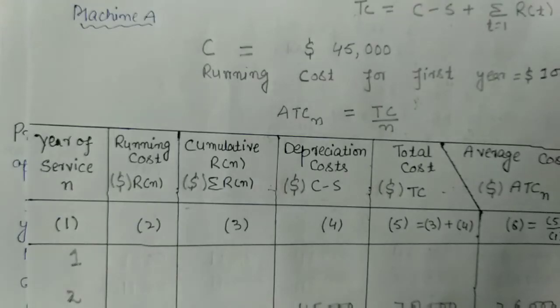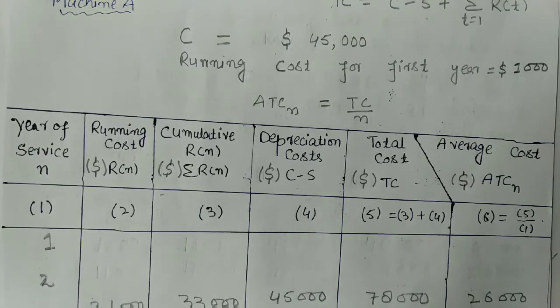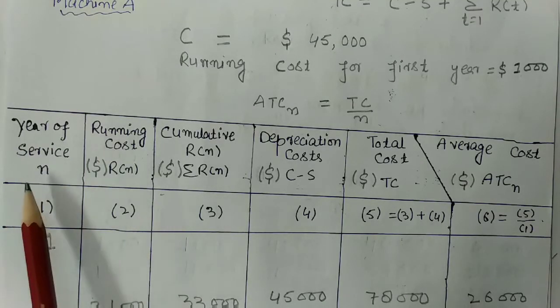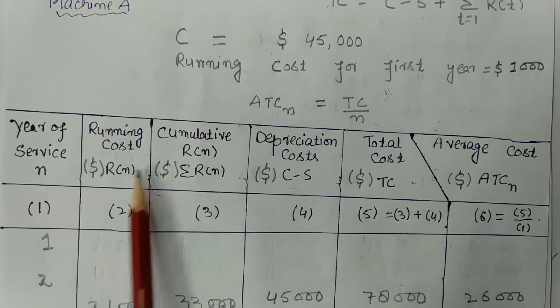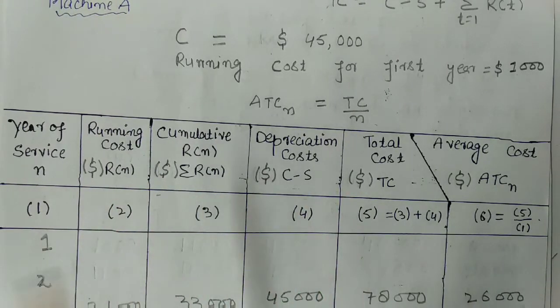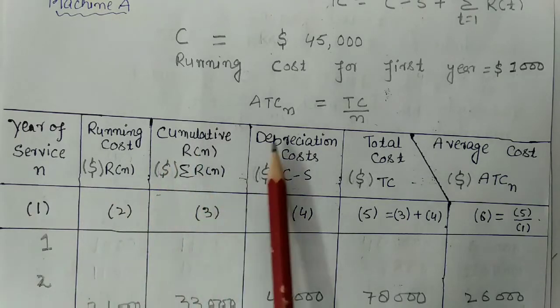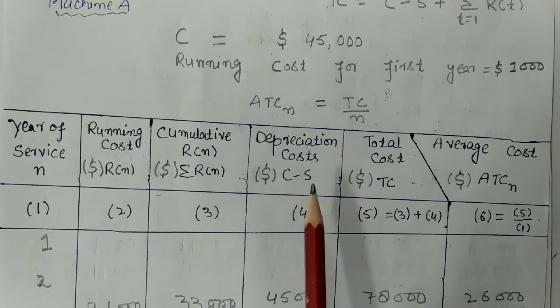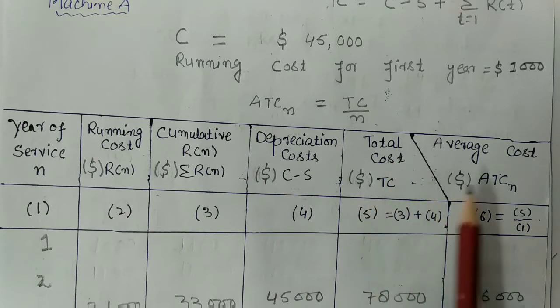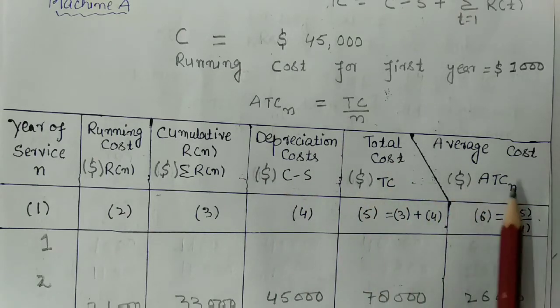So I will write here years of service, running cost, cumulative running cost which is the summation of RN, then depreciation cost which is C minus S, then total cost, and then average total cost, which is our destination, because all these things we need to find the average cost.